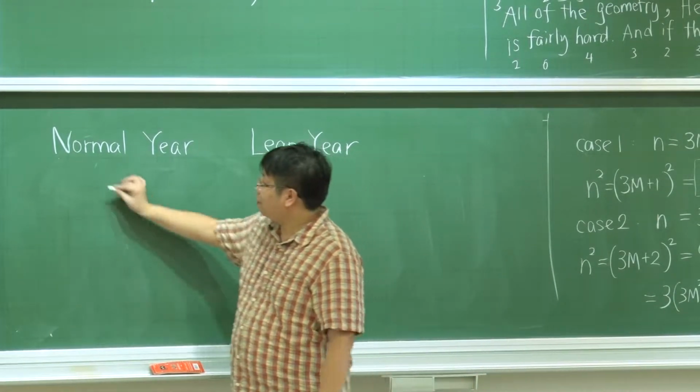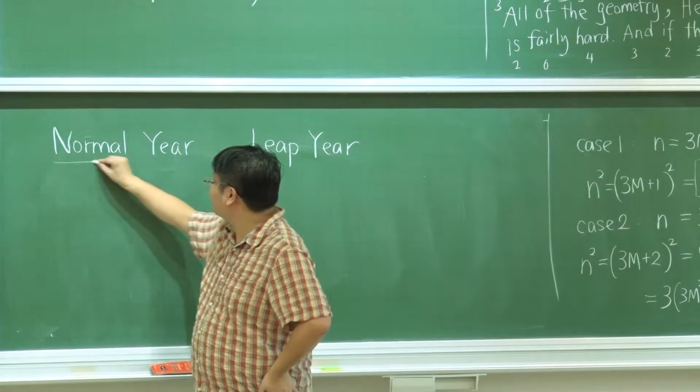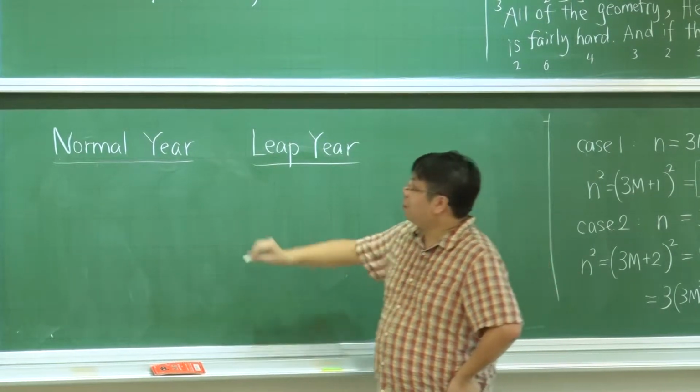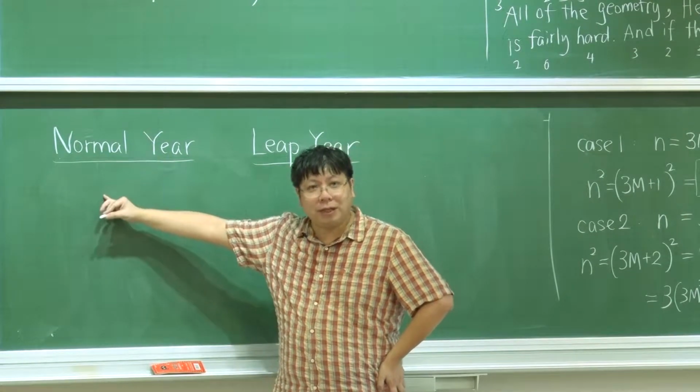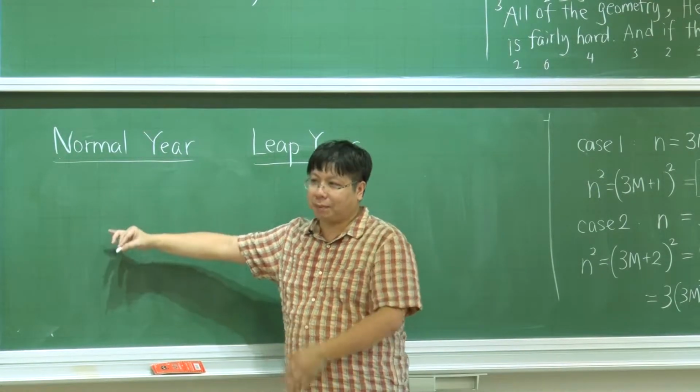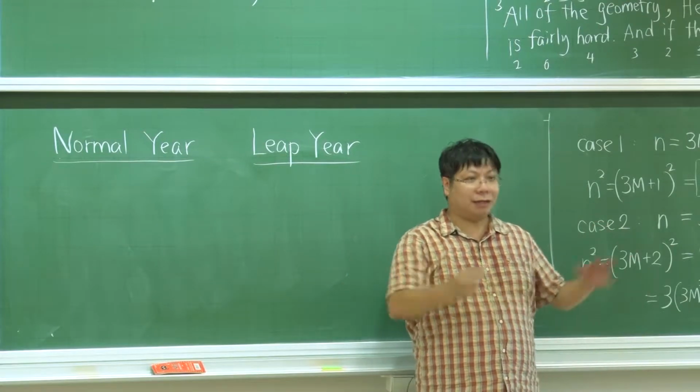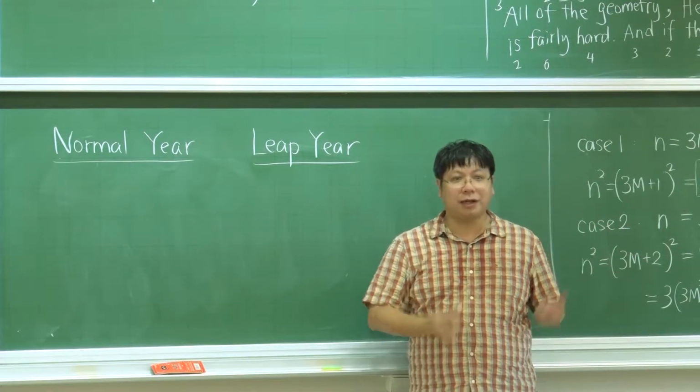So let's do normal year first, and then we will leave this for you as an exercise at home. If you can prove that every normal year there will always be a Black Friday, and every leap year there is a Black Friday, then you prove that every kind of year there will be a Black Friday.